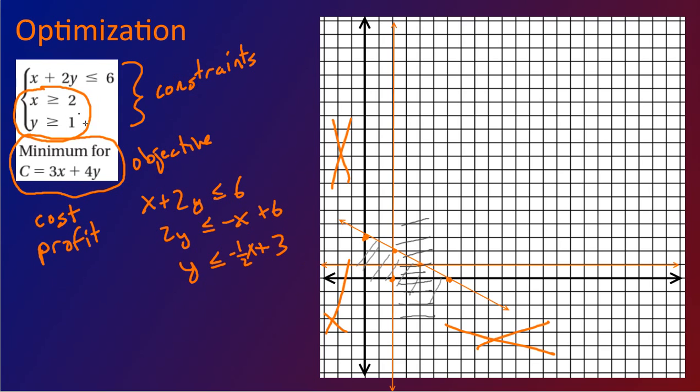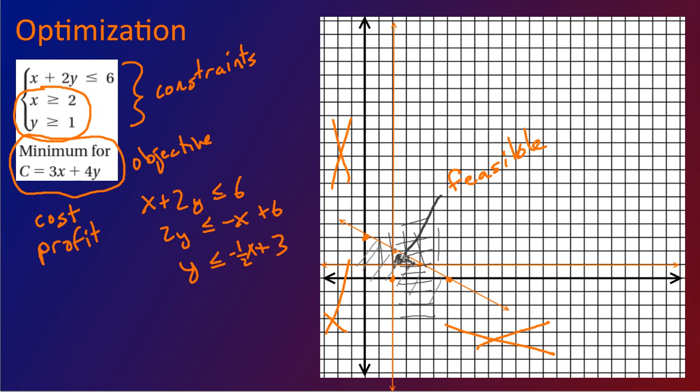And then above y equals 1, and we see this is my area. So this is my feasible region. That's called the feasible area, meaning all those are possible answers.